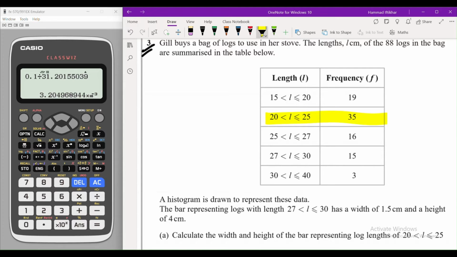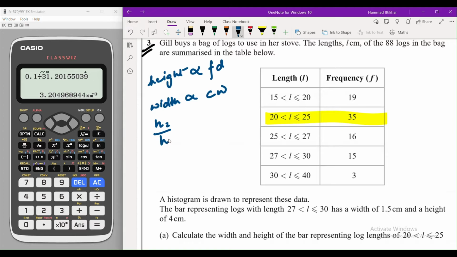So first off, we know that the height in a histogram is directly proportional to frequency density, and width is directly proportional to class width, right? So what we can do is make some sort of equation for them because they're simultaneous.